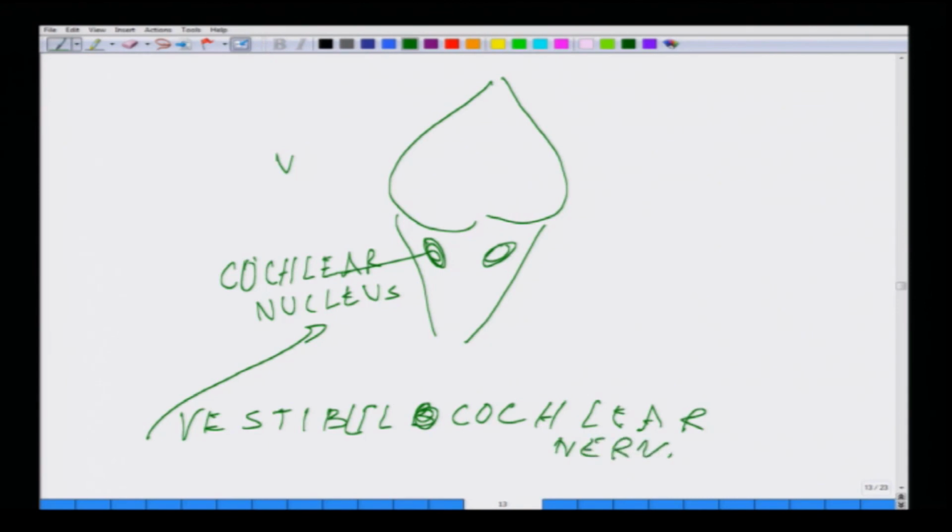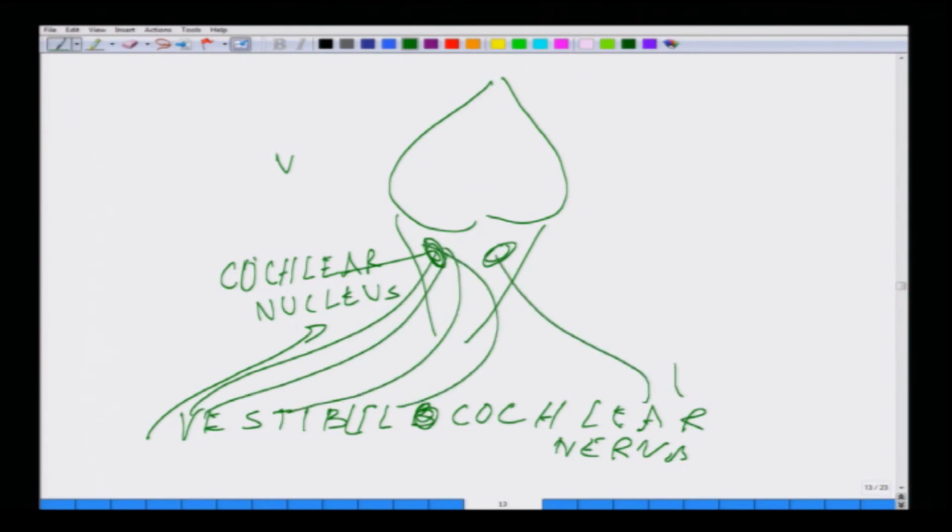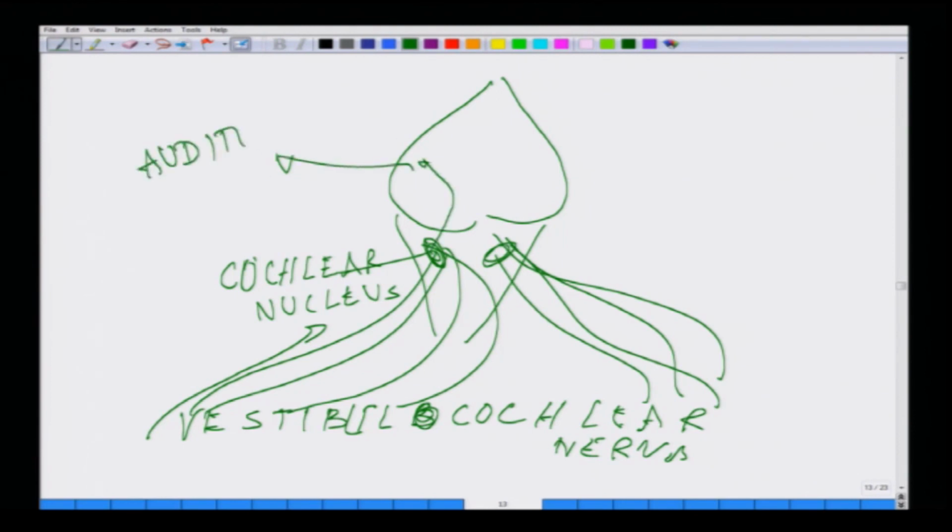Depending on whether it is coming from a high frequency or a low frequency sound, there are specific high frequency and low frequency coding nerves coming from both the ears and being sent to the auditory cortex, where the further processing takes place.